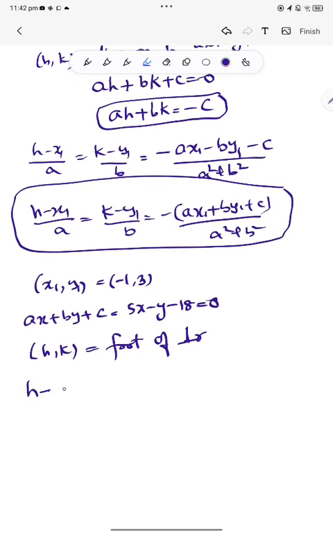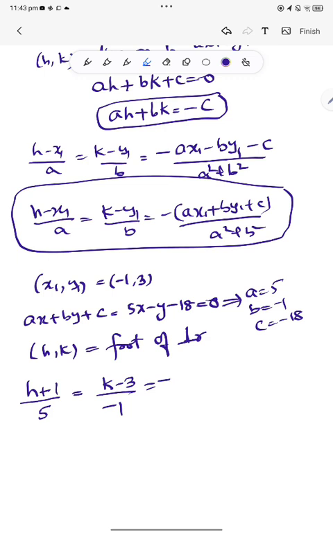H we don't have, x1 we have −1, so it becomes plus 1, over a value is 5. K again we don't have, minus y1 is 3, and b value is −1. You can see from this equation a is 5, b is −1 and c is −18.